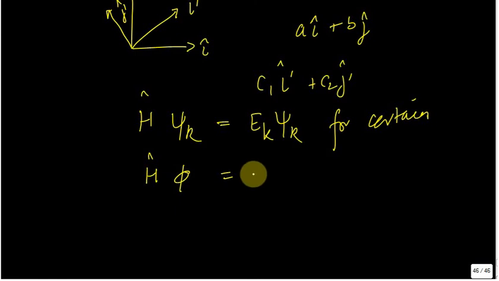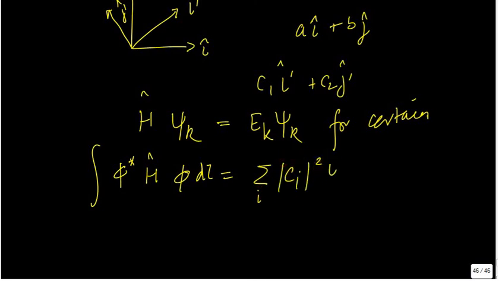This is not an eigenvalue problem. I'll write that, but you won't get anything out of it. So better I write phi star to get the energy out. So what I get is Ci square psi i Ei. Sorry.